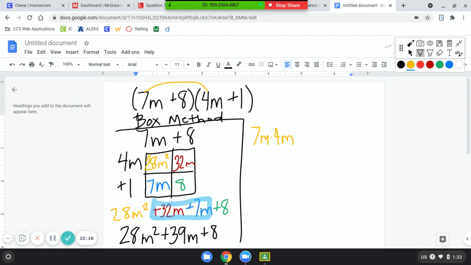Then I'm going to do 7m times 1. Then I am going to do 8 times 4m. And then I'm going to do 8 times 1.